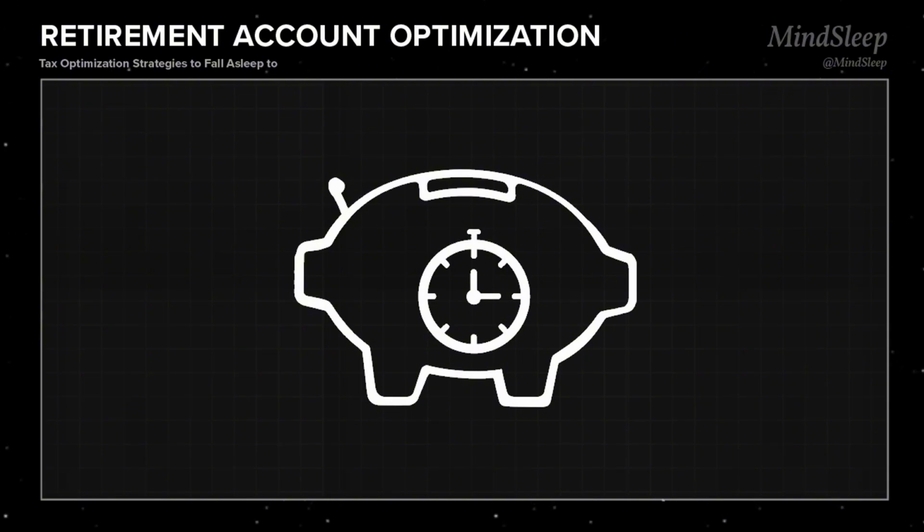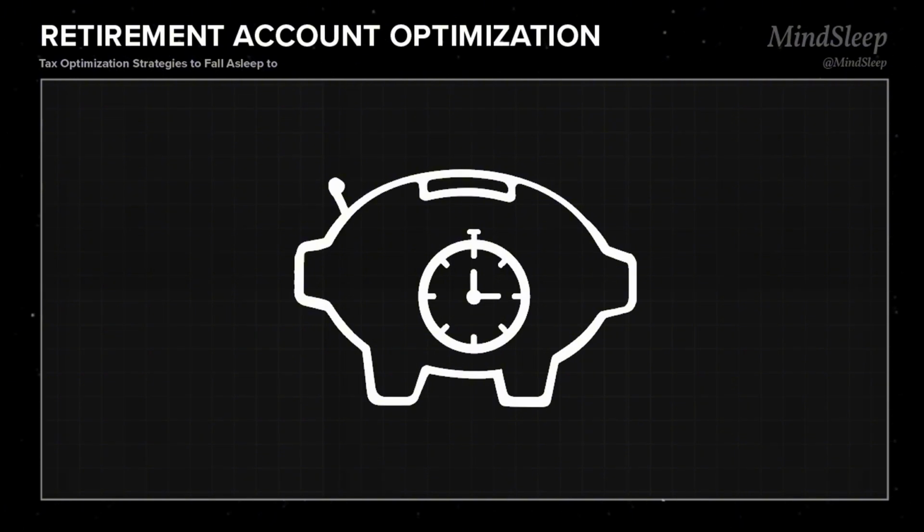Now, let's delve into the nuances of contribution timing strategies. The conventional wisdom of maxing out your retirement accounts as early as possible in the year isn't always optimal. For those with variable income or those anticipating significant life changes, a more measured approach might be beneficial.